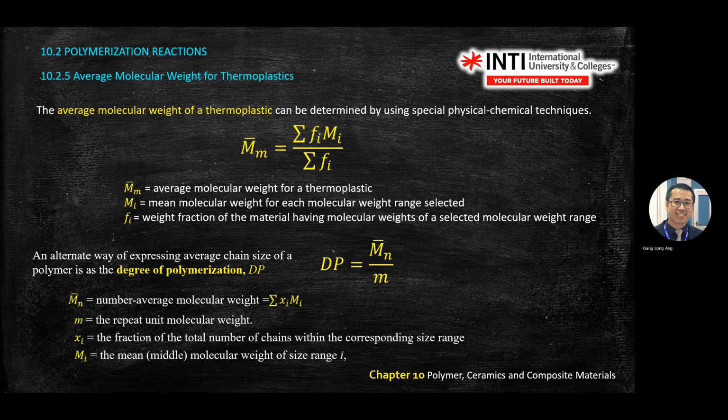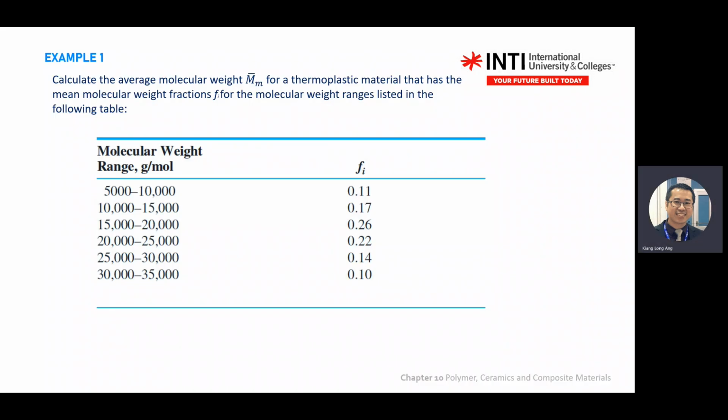Okay. So we apply this one in one of the examples. You're given a chart, a table. We ask you to practice how to calculate the average molecular weight for this set of thermoplastic. Because when you conduct an experiment and you create polymer in the chemical lab, there is an average that you will see under the instruments.